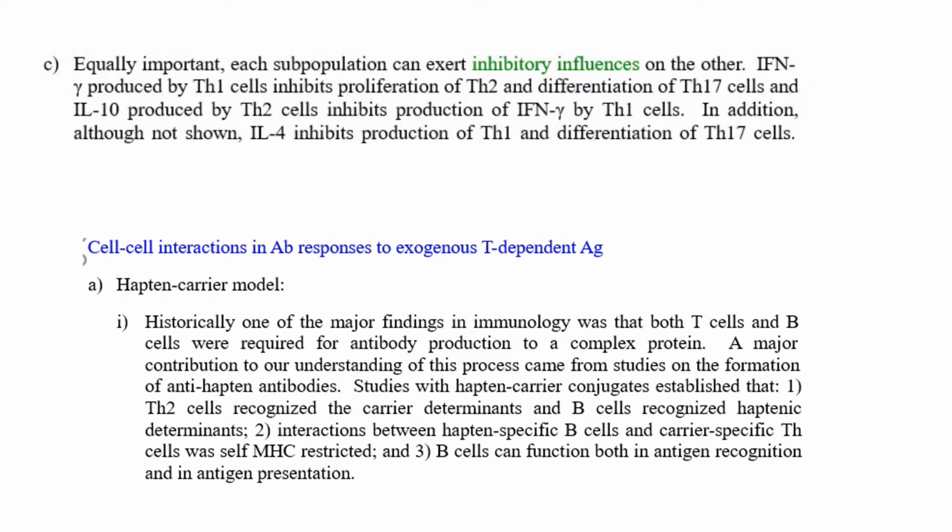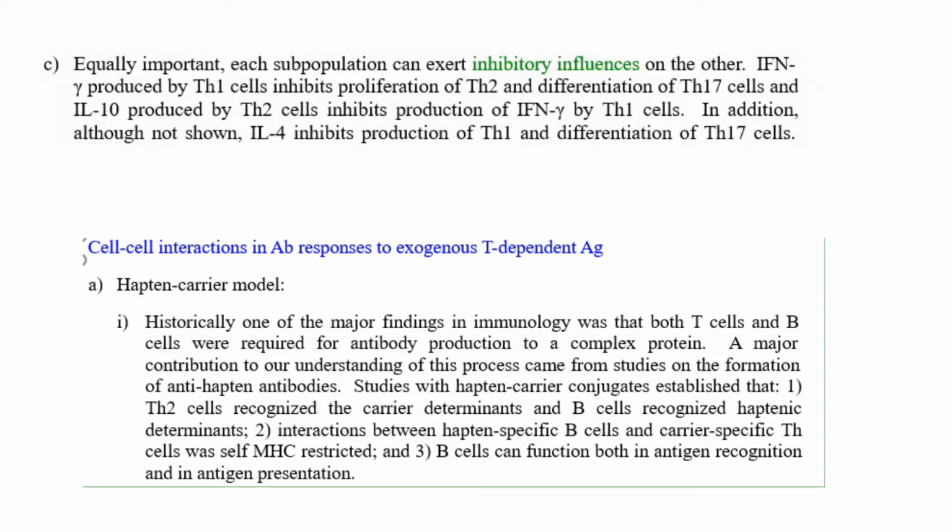In addition, although not shown, interleukin 4 inhibits the production of T helper 1 and differentiation of T helper 17. Thus, the immune response is directed to the type of response that is required to deal with the pathogen encountered. Cell-mediated immune response for intracellular pathogen or antibody response for the extracellular pathogen.